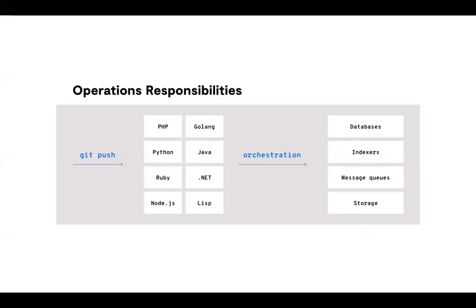I'm going to talk about some databases like PostgreSQL or MySQL. I'm going to talk about some indexers like Elasticsearch, but there are also message queues like RabbitMQ, and also the omnipresent conundrum or problem of storage. So storage, making persistent storage available to your application, can be difficult.